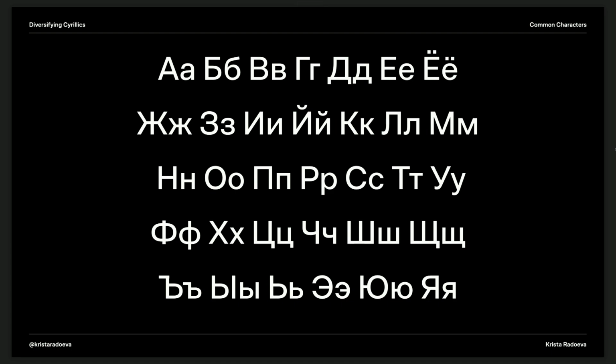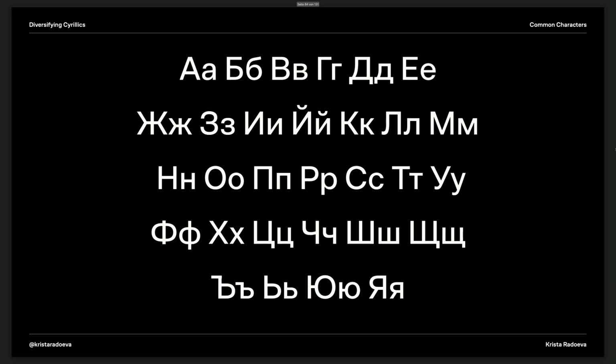But I would argue that this is not really the basic Cyrillic, because it includes these 3 letters that are only specific to Russian. So if we remove that, then maybe we get what truly is basic Cyrillic. And nowadays, if you open Glyphs, this is what you get, thanks to Reiner.